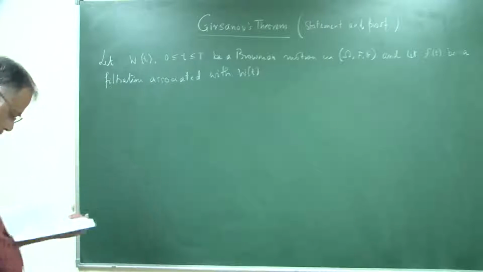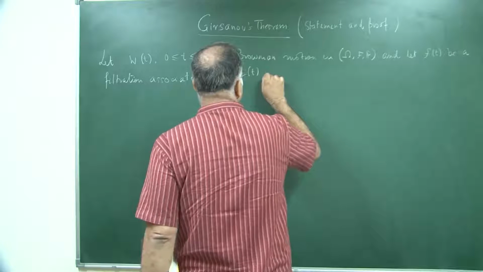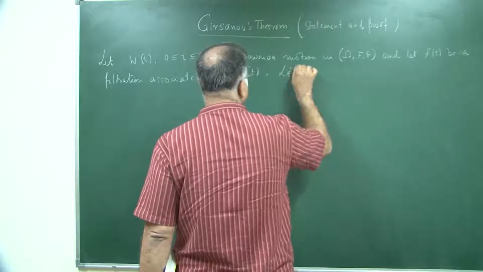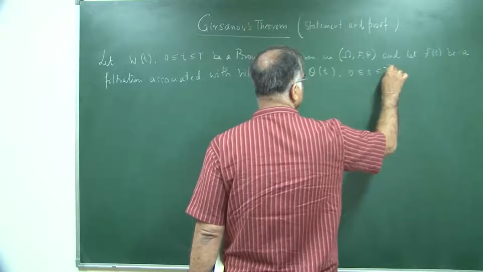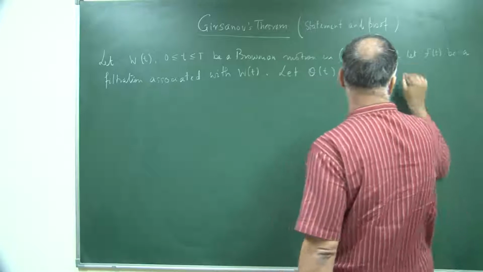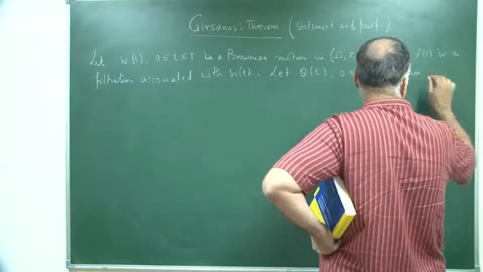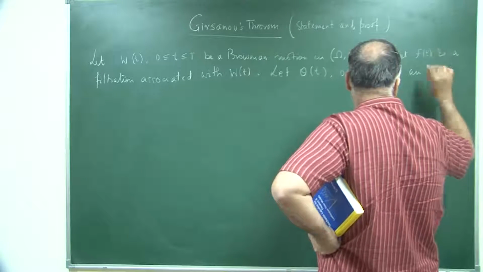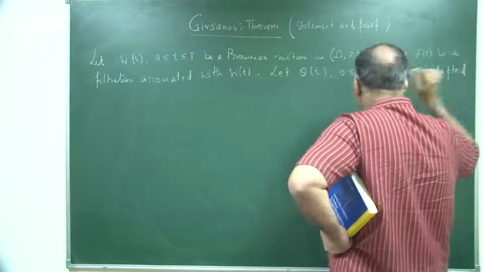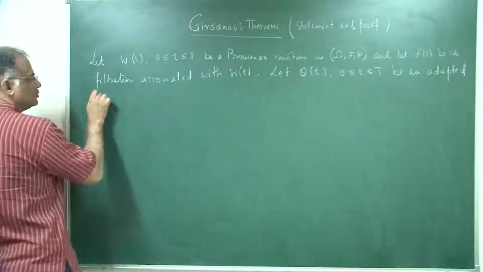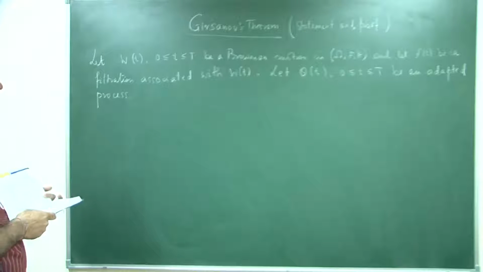Let theta t be an adapted process, means adapted to this filtration, that is theta t is Ft measurable for each t.